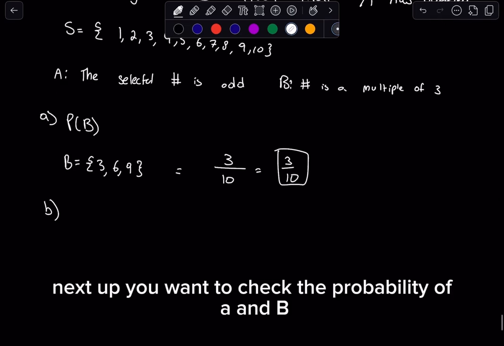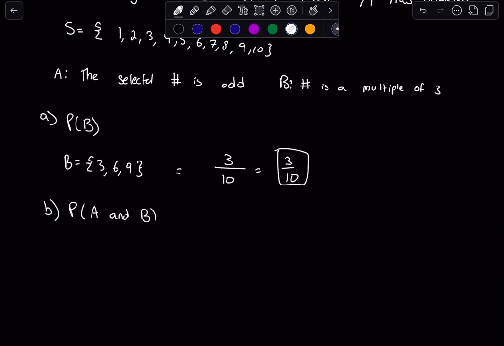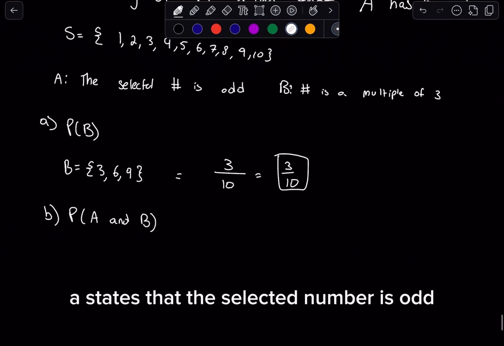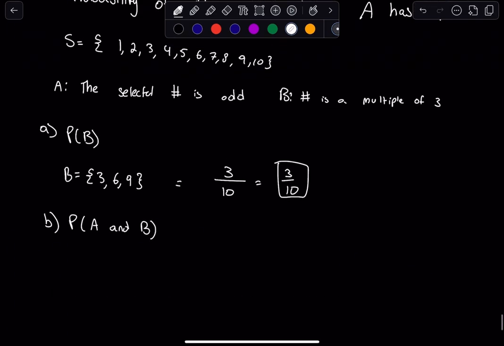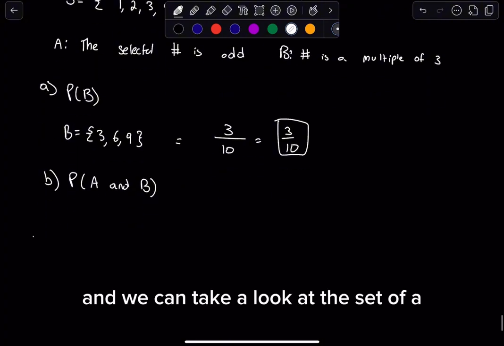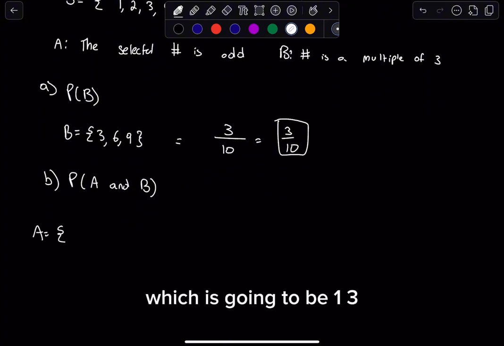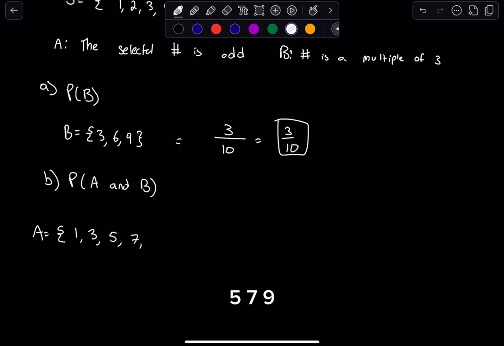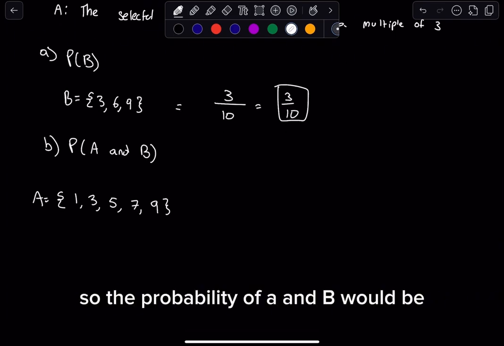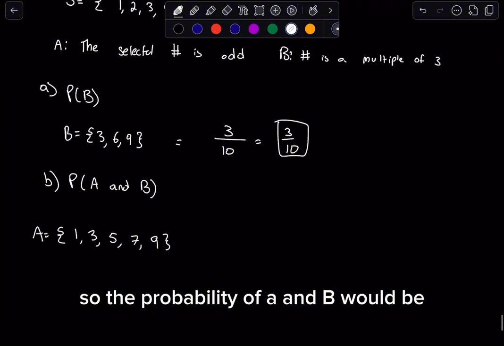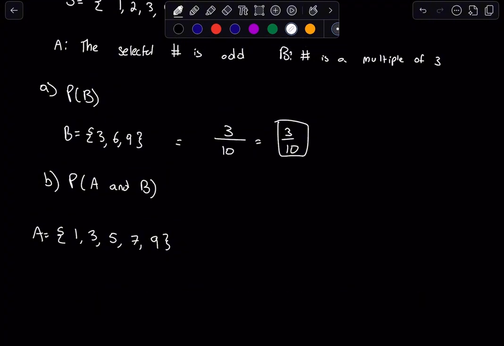Next up, you want to check the probability of A and B. A states that the selected number is odd. And we can take a look at the set of A, which is going to be 1, 3, 5, 7, 9. So the probability of A and B would be 3 and 9.